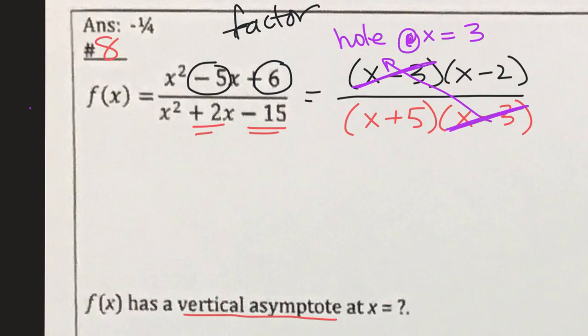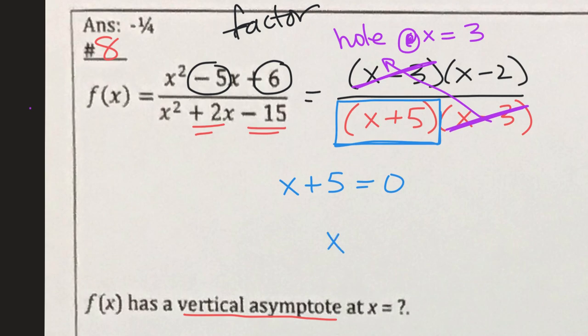And also from pre-calculus, your vertical asymptote comes from your denominator that's left over, right? So we have to know what makes that 0. Whenever we have a 0 in the denominator, we're going to have a vertical asymptote, and that happens at negative 5.